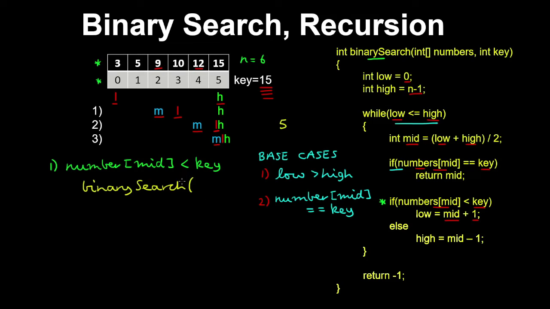And this recursive method is going to take in our reference to the numbers array, and we need to keep track of the low and high index at each iteration, as we can see. So therefore, when a number at the middle index is less than the key, low is equal to mid plus 1. So that's what will be passed in to this recursive call, and high remains the same. And we also want to take in a number that we want to find as an input.